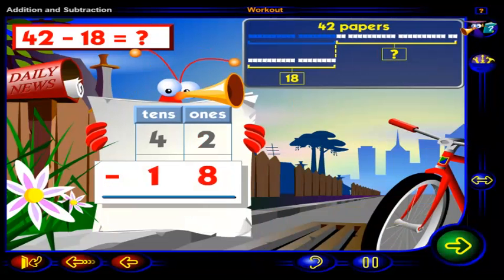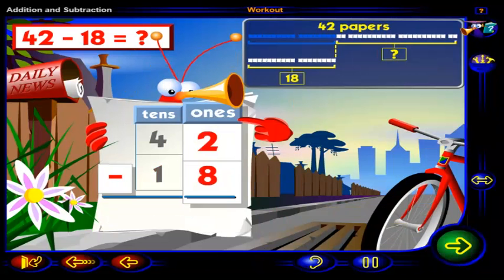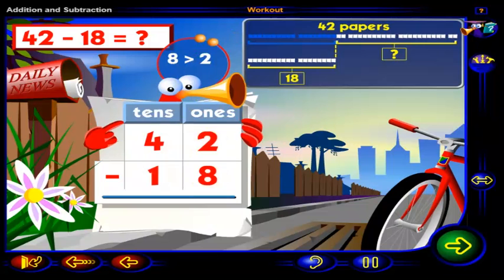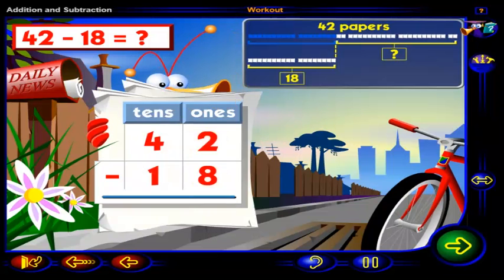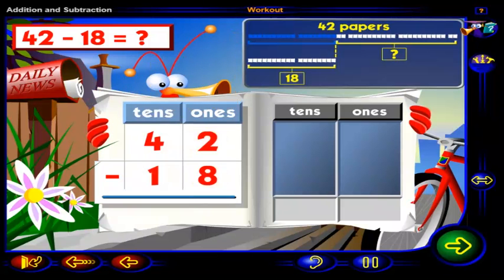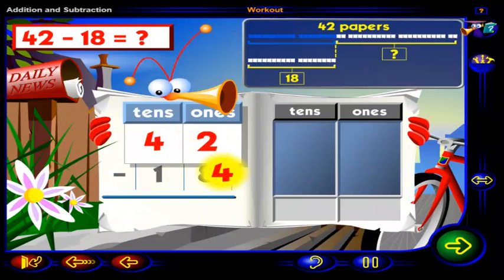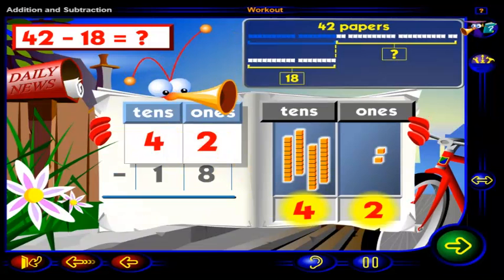To subtract 18 from 42, you can start with the digits in the ones place. Well, 8 is greater than 2, so you have to regroup from the tens place. Let's use blocks to see how you regroup from these 4 tens. 42 is 4 tens and 2 ones.